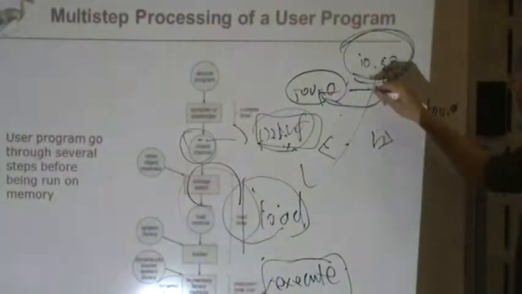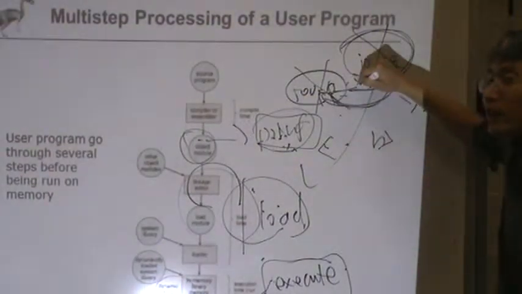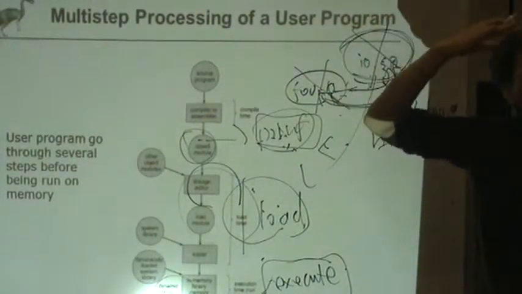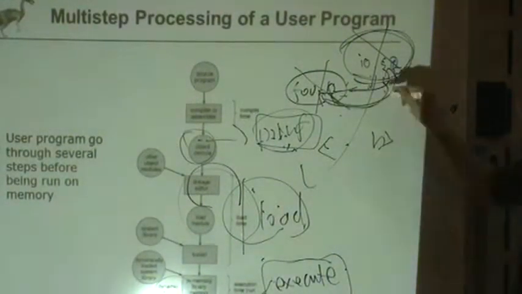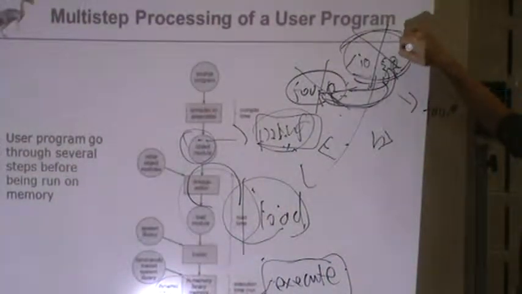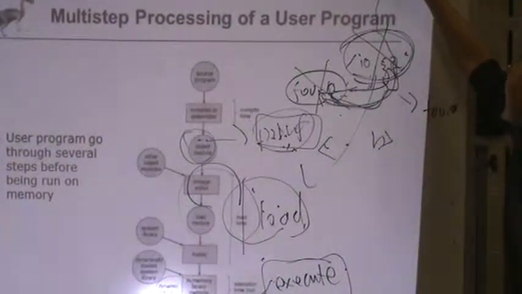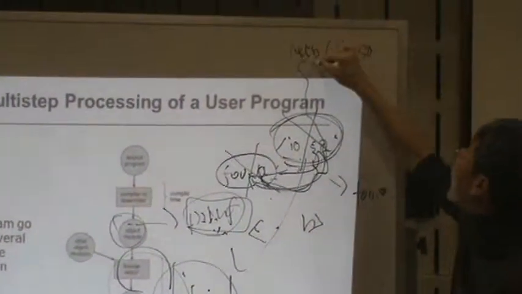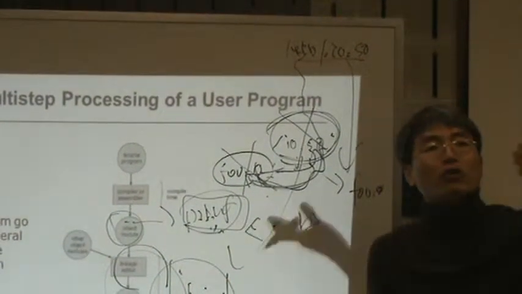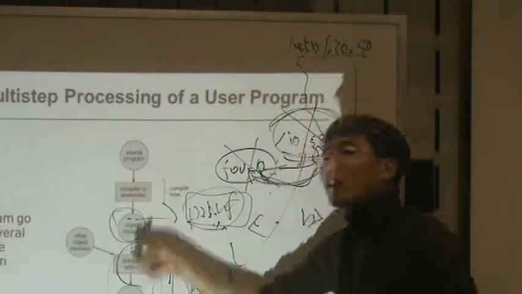If you want, it is not physically added, but it has only the header information during the execution. Using this header information, you can find, for example, the lib/io dot so file, and then dynamically during the execution time, you can link.